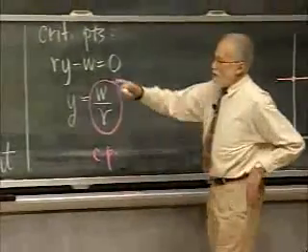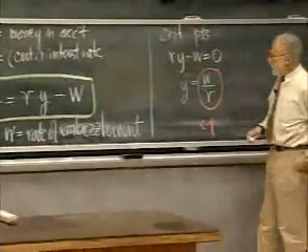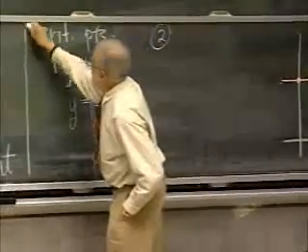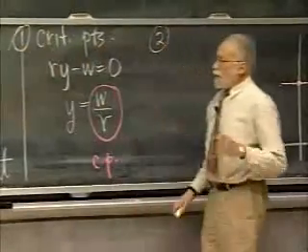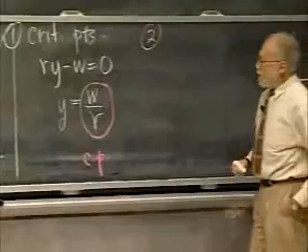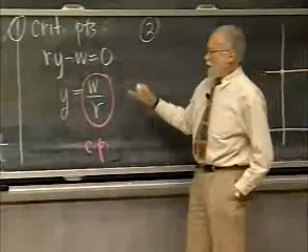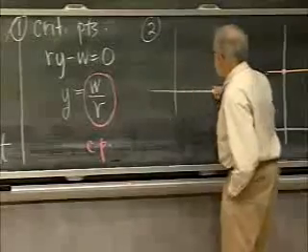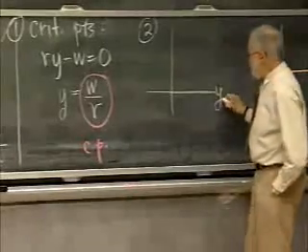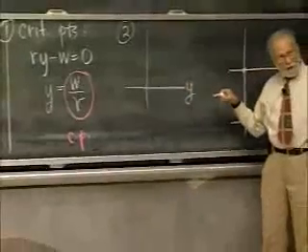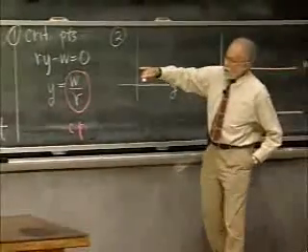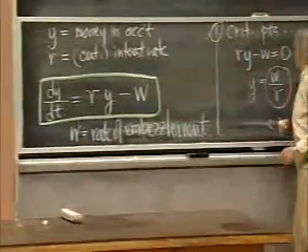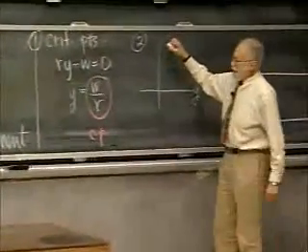Now, watch how I make the analysis, because I'm going to use 2 now. So if this was step 1, then step 2: I'm going to graph f of y. Well, f of y is ry minus w. What does that look like? Okay, so here is the y-axis. Notice the y-axis is going horizontally because what I'm interested in is the graph of this function. So that function, what do I call the other axis?